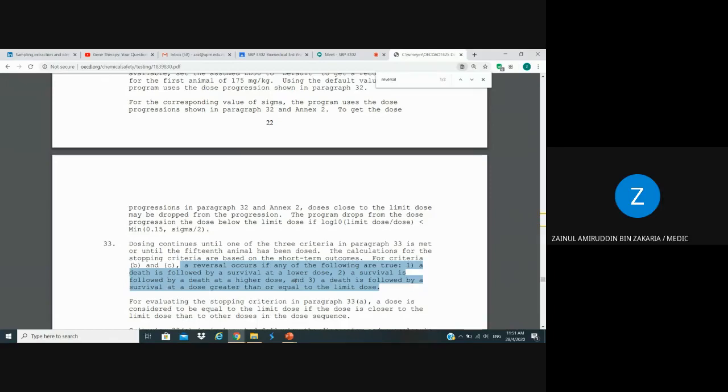A reversal occurs if any of the following are true. 1. A death is followed by a survival at a lower dose. 2. A survival is followed by a death at a higher dose. And 3. A death is followed by a survival at a dose greater than or equal to the limit dose. So that is the definition of reversal.